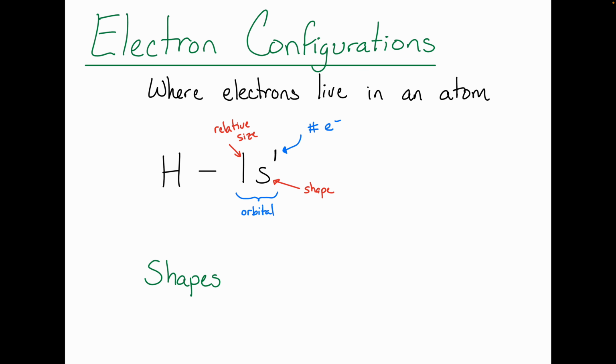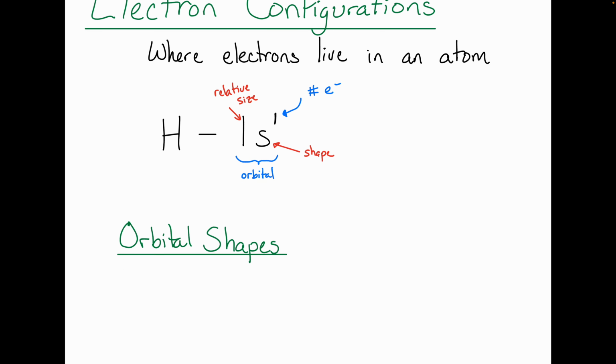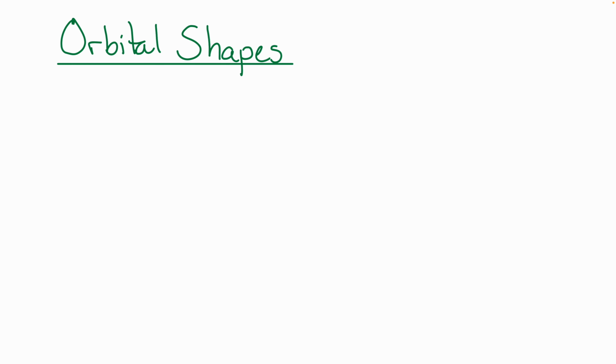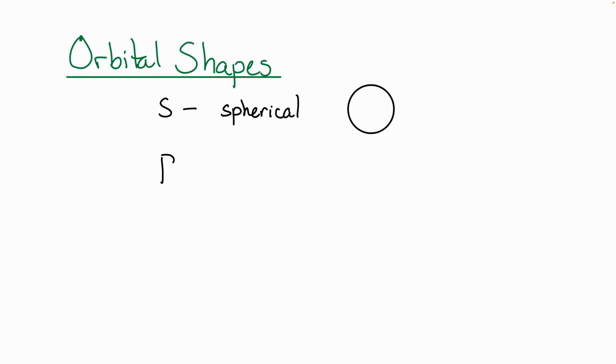We have these orbital shapes. And this is by no means how these were actually sort of established here, but we have kind of just a simple way to remember. An s orbital is that spherically shaped orbital. So your electrons are trapped in a little circle-shaped cage. Your p is a peanut-shaped orbital.